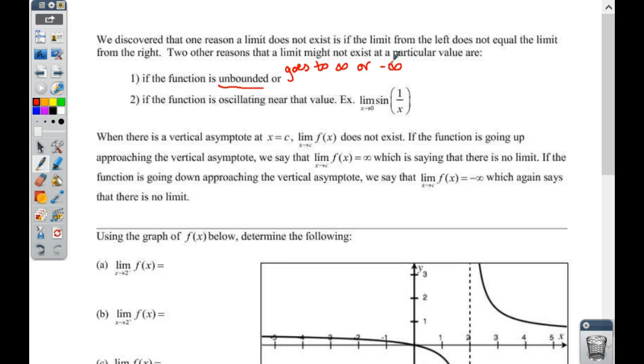Please do not make the mistake that infinity or negative infinity is a number, a value that we're approaching. We're not approaching a value. That's the key. Infinity and negative infinity are not quantities that we are getting close to. They are ideas that say that we're not actually approaching a value at all. We are getting really, really large or really, really small, but we're not going to a number.